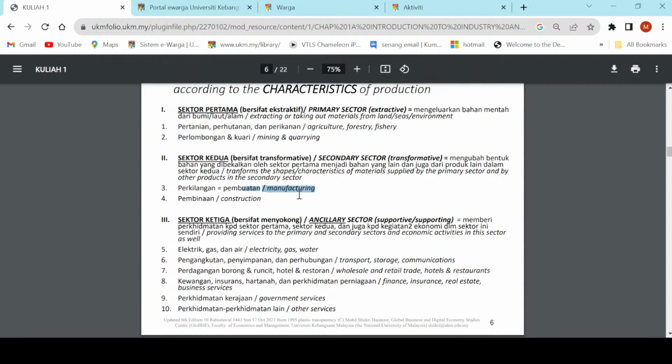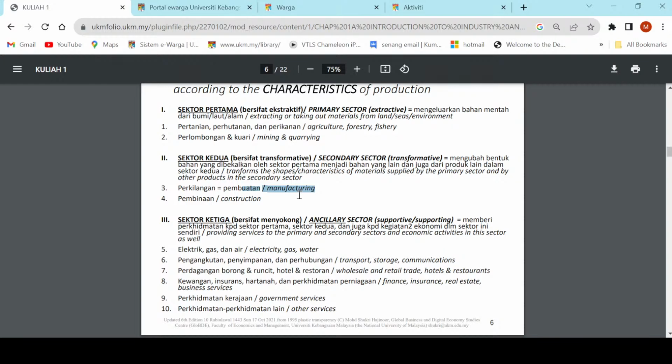That's already manufacturing. And if I'm talking about the building, I'm already talking about construction. So let's go back to our note. Transform the shapes and characteristics of the materials, the soil just now, supplied from the primary sector, from mining, into another type of material, block like a Lego, and burn and become red, and can be used for construction.